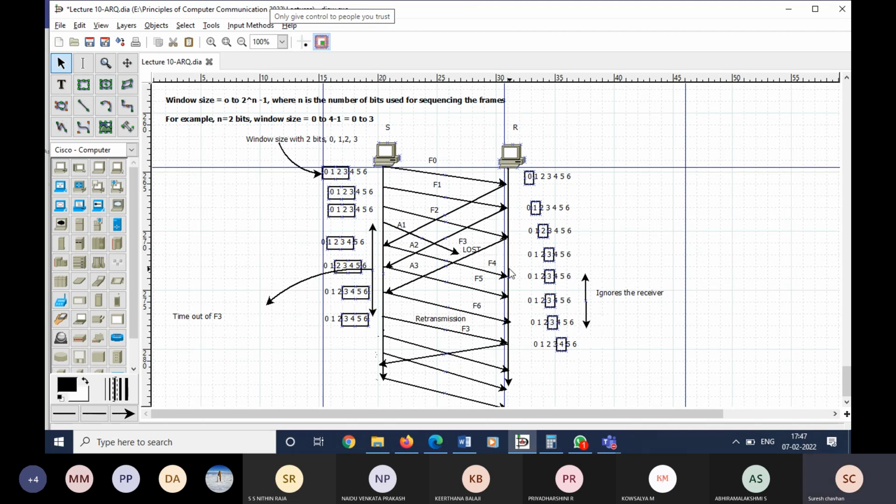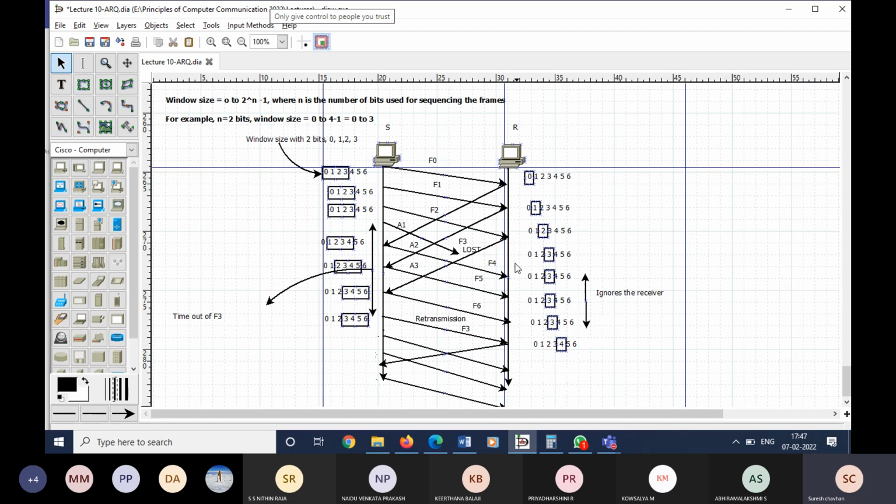Though the receiver is receiving proper packets without any error, F4, F5, F6, still it is ignoring them because it doesn't have any buffer or any storage here. So that's the problem in this case.